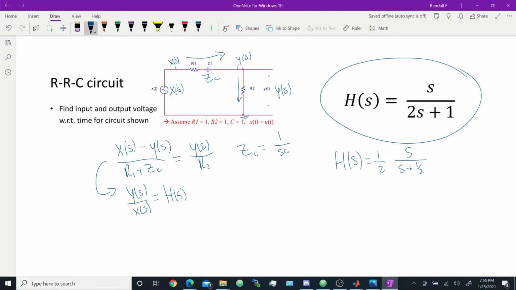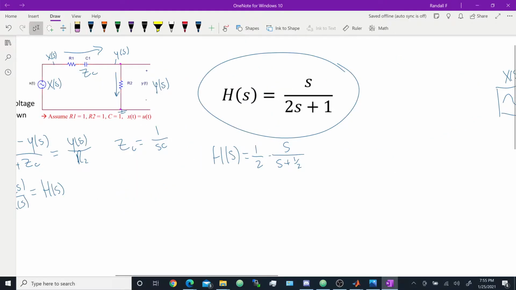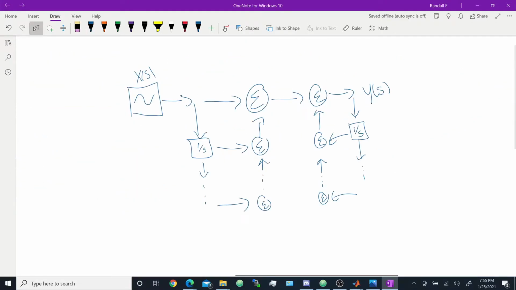So now we want to put this in different terms just so that we can basically put it into Simulink. So this is how we want to draw it out for something in Simulink. This might look very confusing, but basically what's going on is we have an input into a system, and then we have an output out of the system over here.